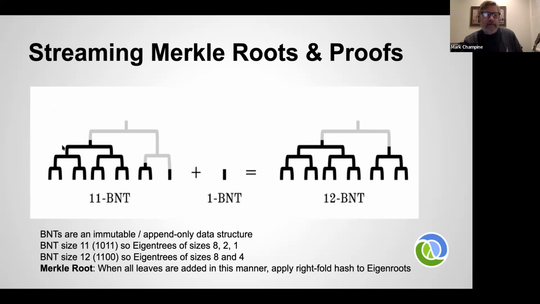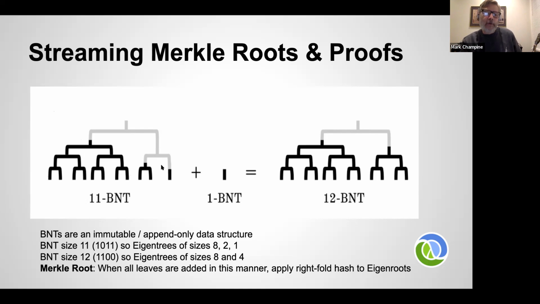Exactly right. So for example, this set of 8 leaves represented by a single eigenroot, as long as the leaf we're interested in isn't within that tree anywhere, we know that will never change. We never have to recalculate that. We can simply use that to represent everything in that portion of the tree.